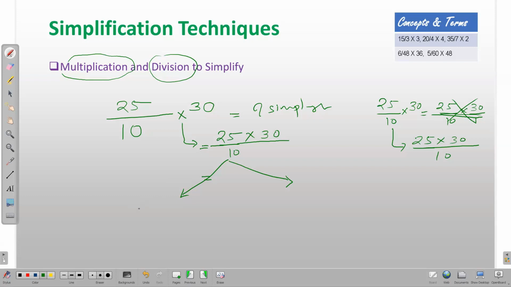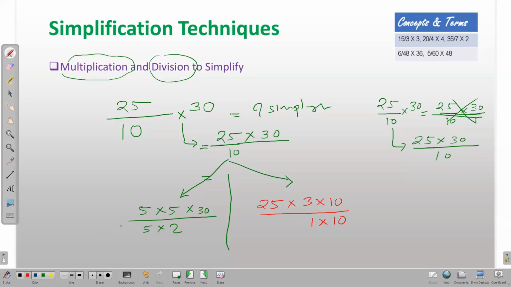This kid is doing 5 times 5 into 30 divided by 5 times 2. Now, the next kid, you know what that kid is doing? That kid is doing 25 into 3 times 10 divided by 1 times 10.